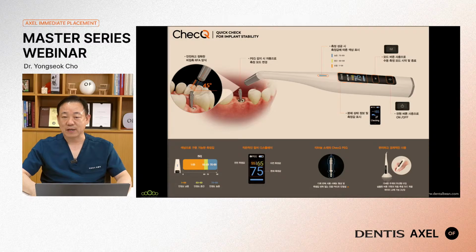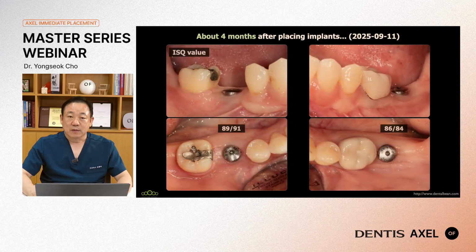I always check ISQ value just after surgery and during follow-up, and decide when to load. The ISQ value is really high because the patient didn't want early loading. It was slightly delayed.